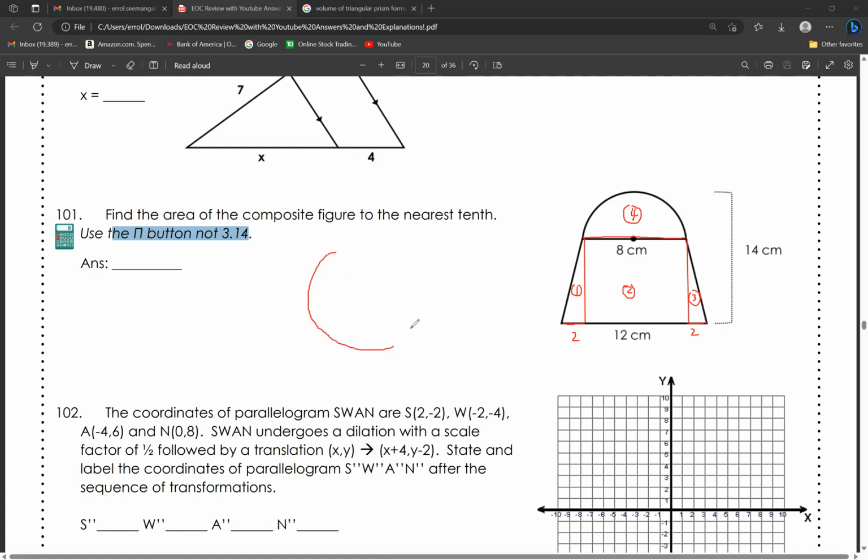Okay, here's your circle. Because we're going to need this height right here. So here's our circle. What's the area of a circle formula? Pi r squared. Okay, so what's the radius on that?